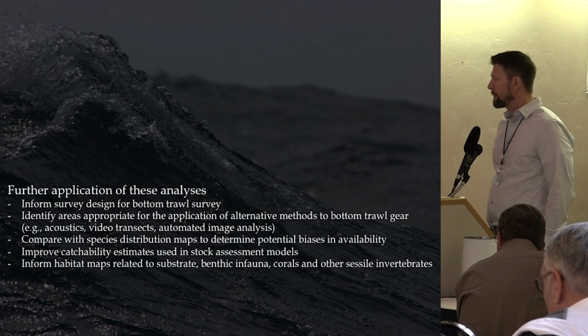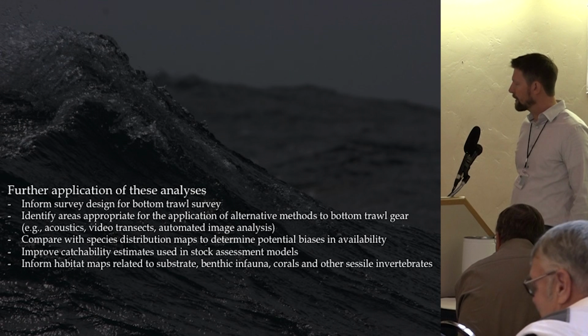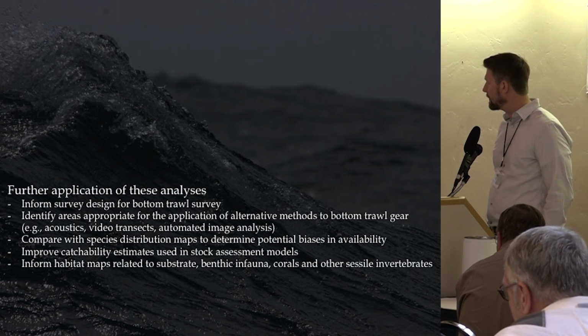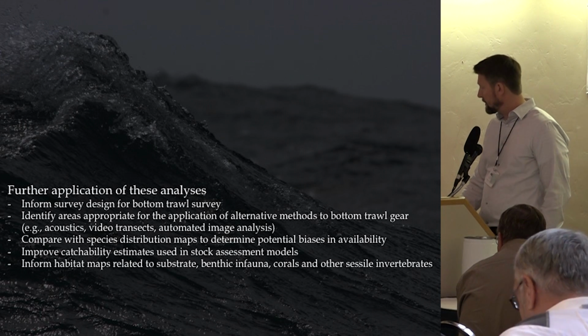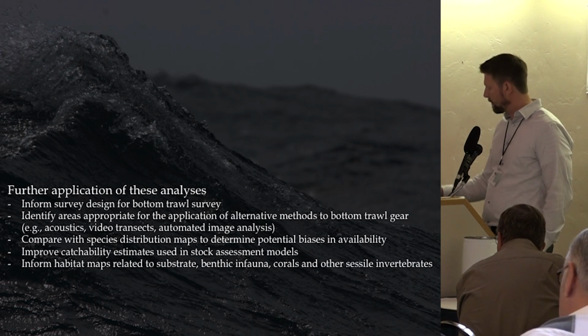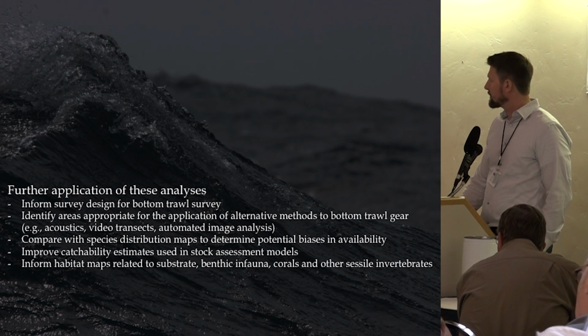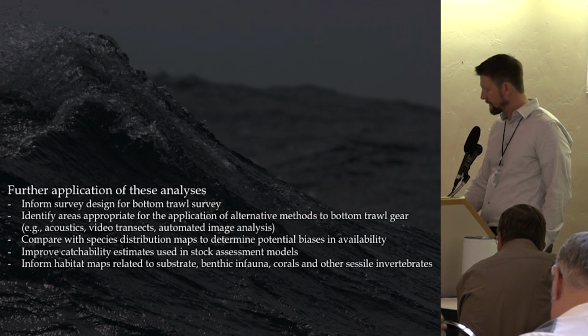Identify some areas where we might want to apply a different type of sampling. So instead of bottom trawls, using acoustics or video transects or some automated image analysis. Looking at species distributions, as I suggested, to look at where we have some bias there. And improving some models, and then also informing habitat models that might be related to other issues such as corals or other important habitat.